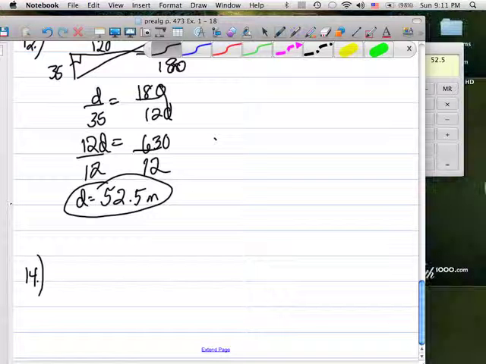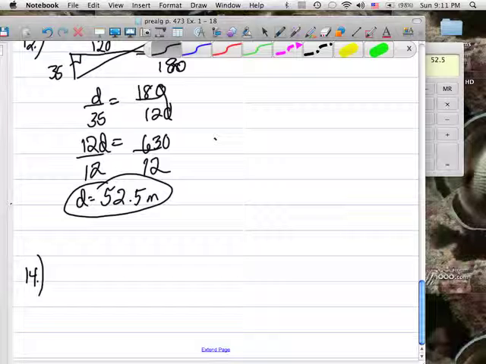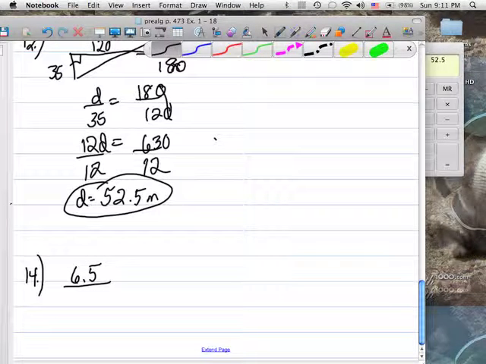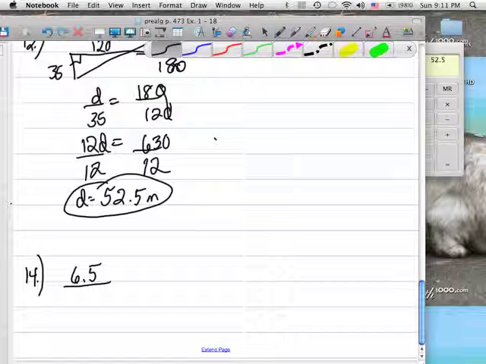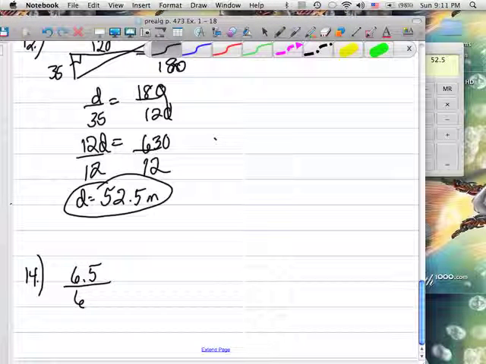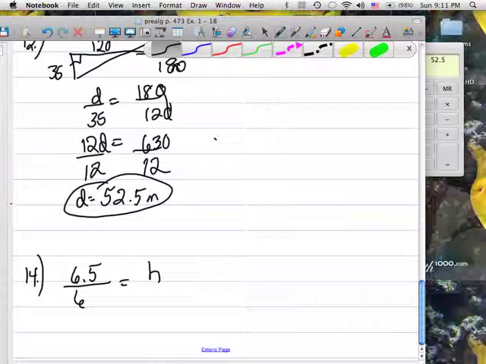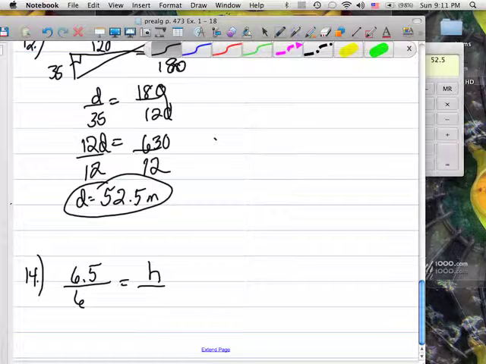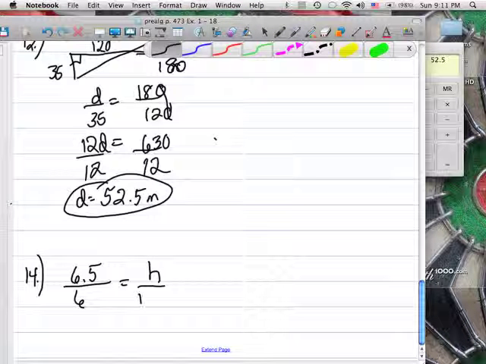Problem number 14. In the figure on the right, the triangles are similar. Find H. So we have 6 feet, 6 inches for the height of the person, which is 6.5 feet. 6 inches is half a foot, so we can use the decimal point 5 as terminating. Over the shadow the person casts, which is 6 feet. We want the height of the, I guess that's a door, or the building rather, and its shadow is a distance of 12 feet.